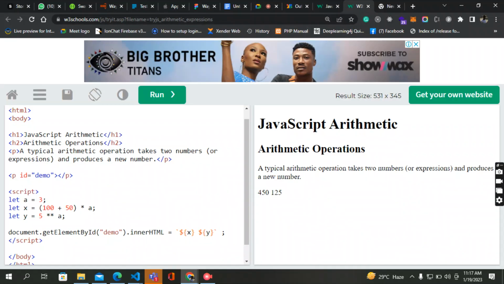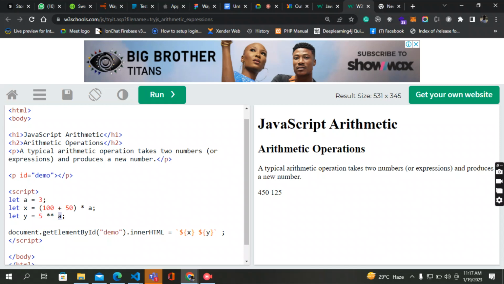That's correct. You understand that now? Hello? So what I'm trying to explain with this double asterisk is that it is exponential.